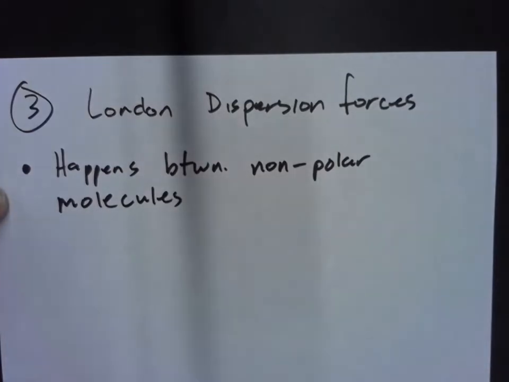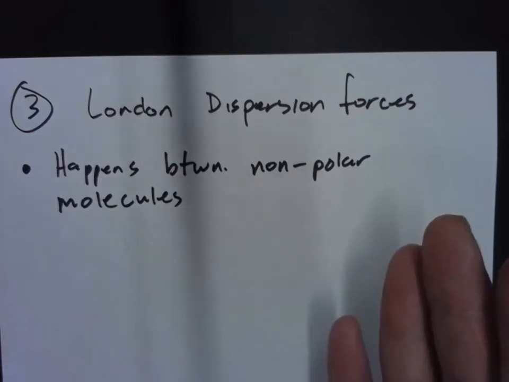It happens between all molecules, but you're only going to really notice it between nonpolar molecules. And the reason why is because it's the weakest of the three forces. So if it's going on in water, you're not really going to notice it because water is so polar. You're going to notice the effects of the hydrogen bonding, the high boiling point, the surface tension, things like that. So let me get back to this then.